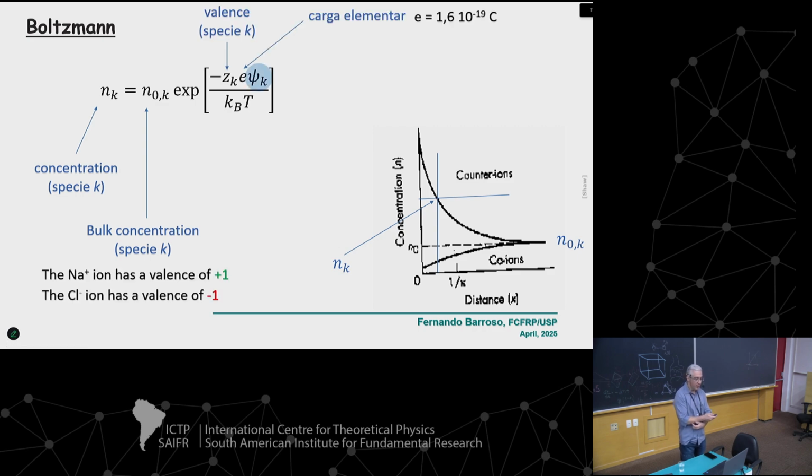When you are working with the Boltzmann description, what I have here is not the electric potential, but the potential of mean force. So we have two different descriptions that, when you combine the Poisson description with the Boltzmann description, you are going to assume that they are equal. This is the so-called mean field approximation. It's there where you introduce some approximations in the Poisson-Boltzmann description.